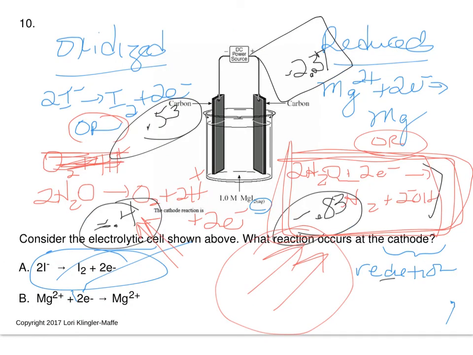This is probably the trickiest type of problem. This is an electrolytic cell. That means a non-spontaneous one, and it's also done in water. Notice it's in aqueous solution, aq.